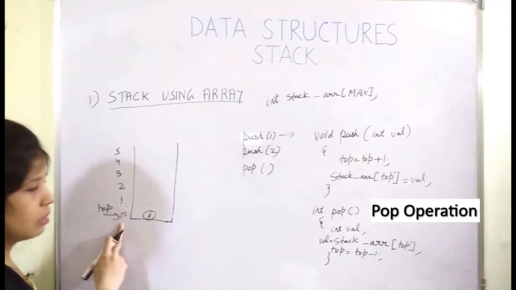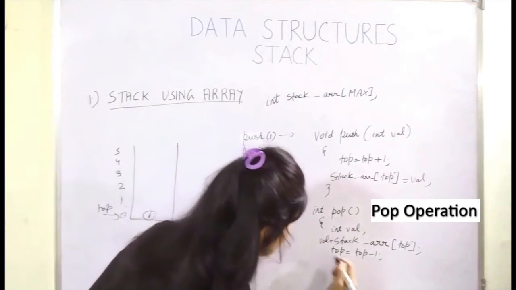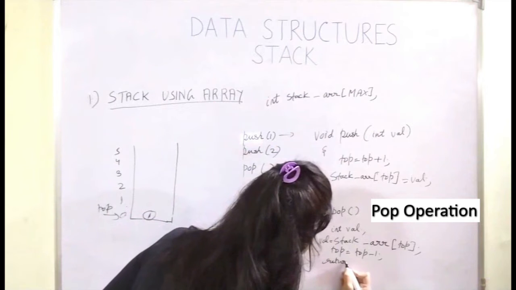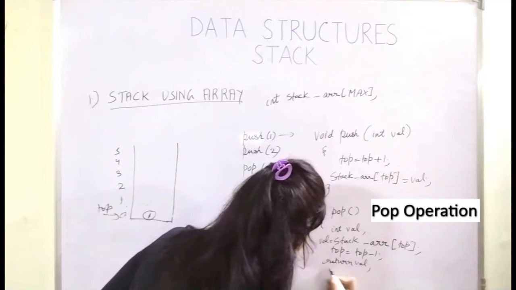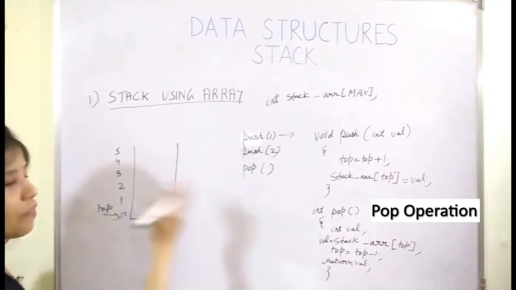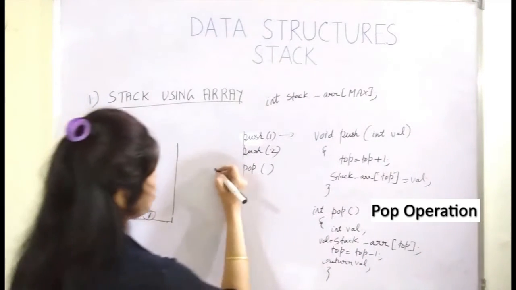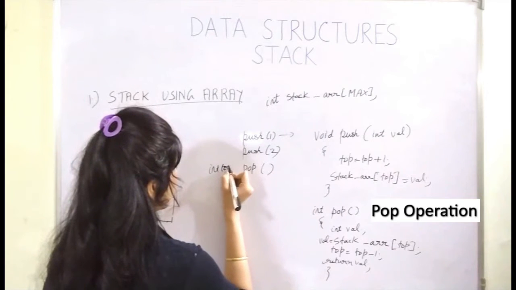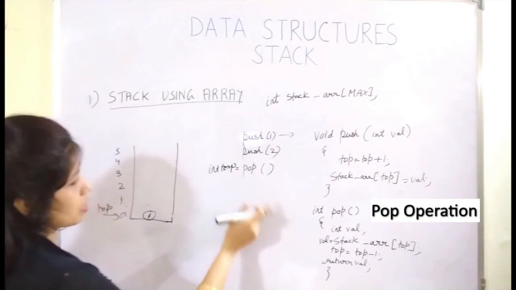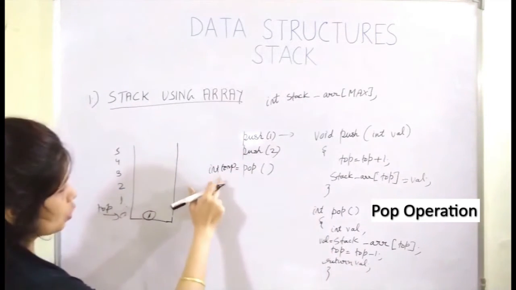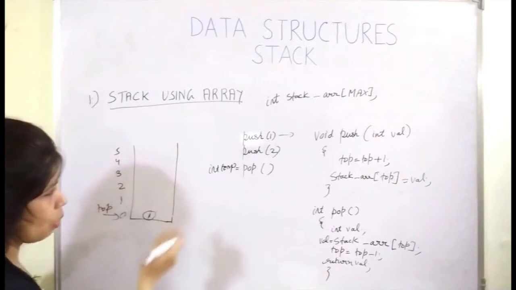Then I will return this value from this pop. Suppose in temp is equal to, here this value will be returned. So you will get this value which was popped.